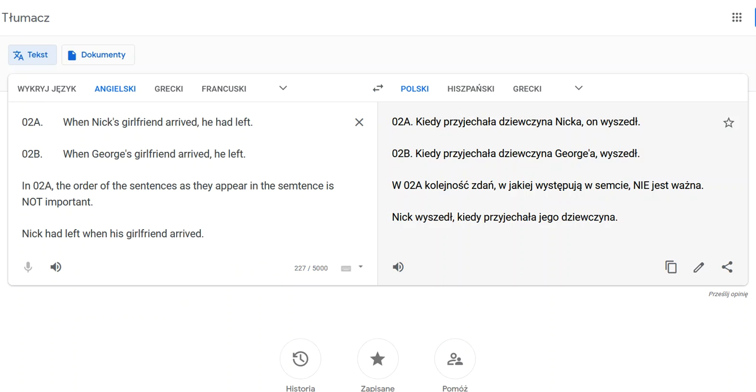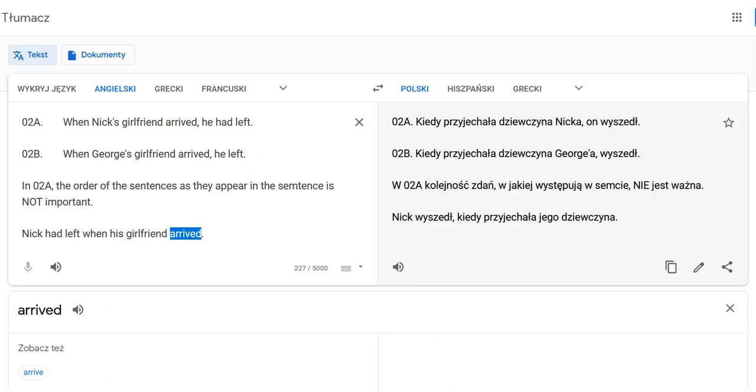Now we have changed the order here, but the meaning remains the same. We know that what happened first is that Nick had left. Why? Because this is in the past perfect tense, and this is in the past simple tense, and we know this happened second.